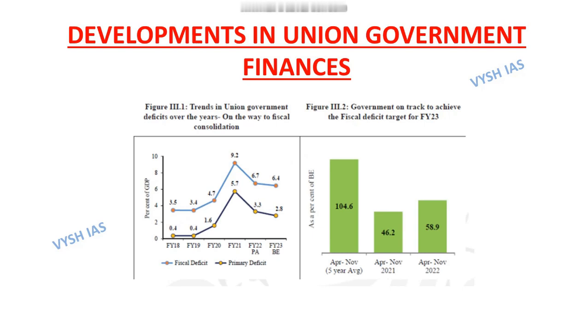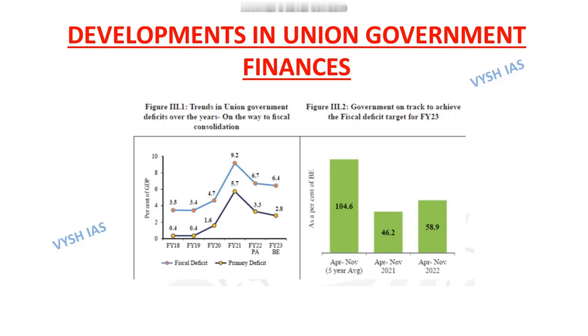We can say that the fiscal deficit is continuously decreasing from financial year 21 to 23. If this statement is put in your prelims examination, you will opt for this statement as correct, which means that this statement is true.